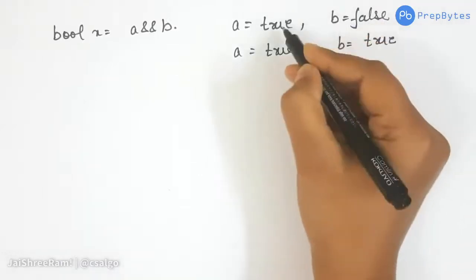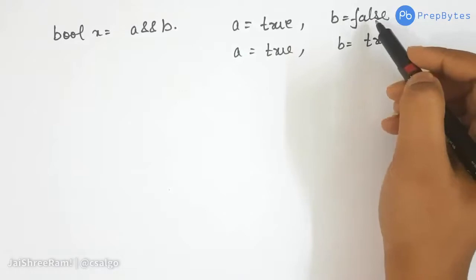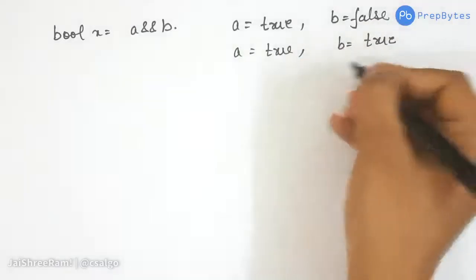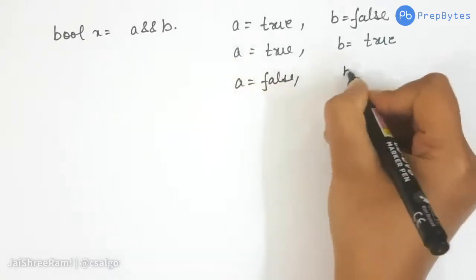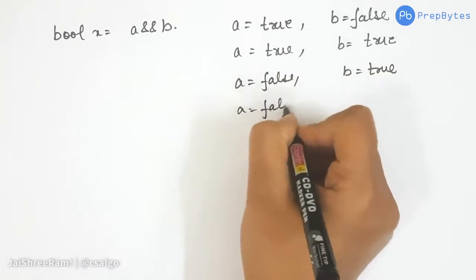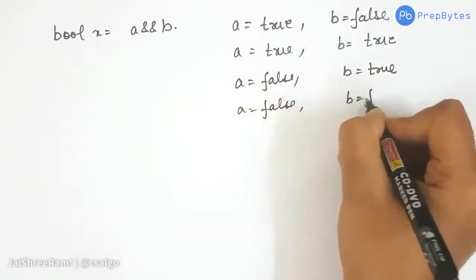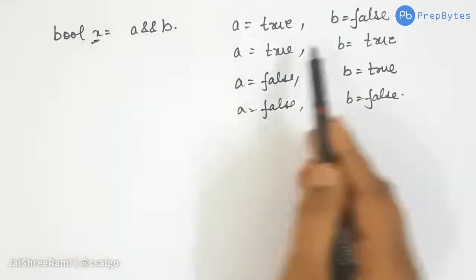It could be true or any non-zero value, or it could be false or any zero value. Then A is false, B is true; A is false, B is false.